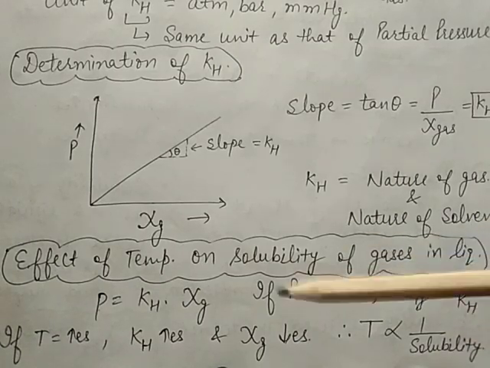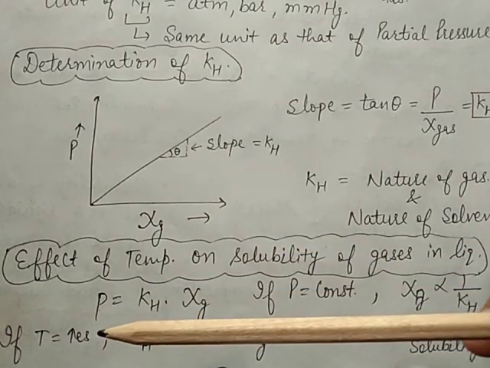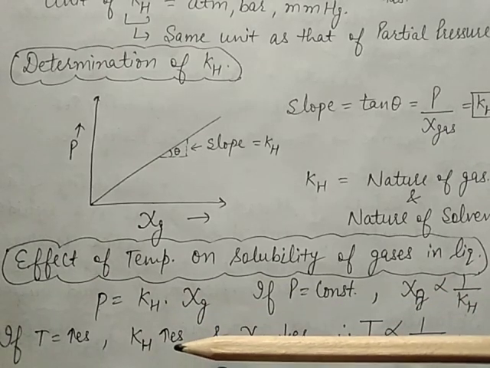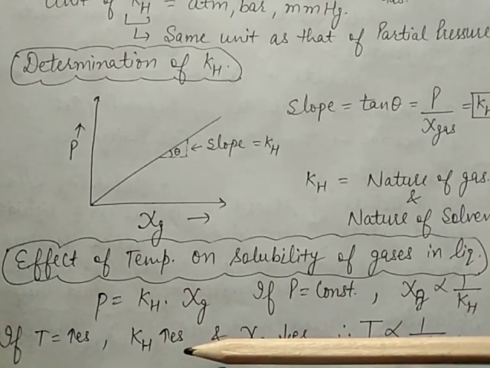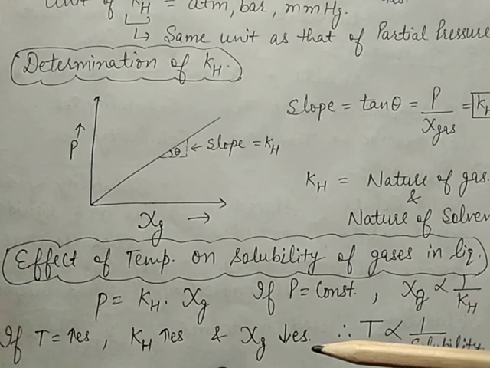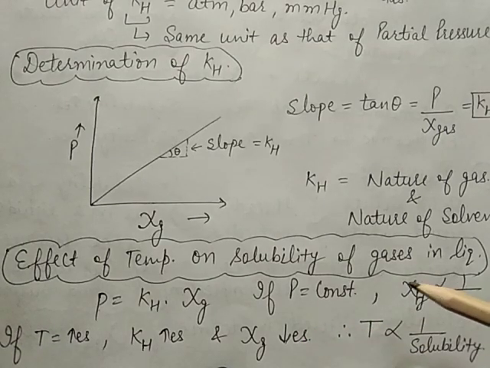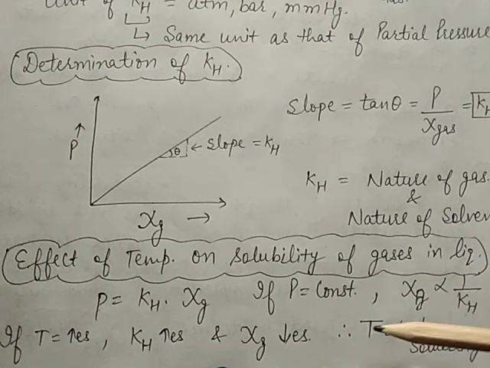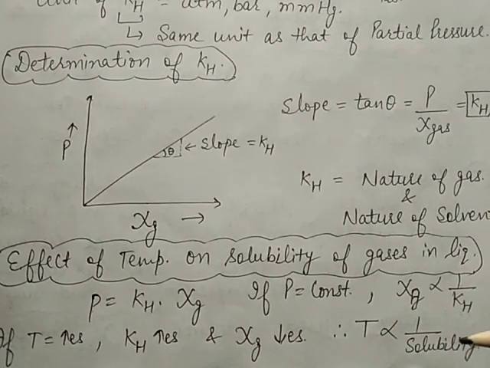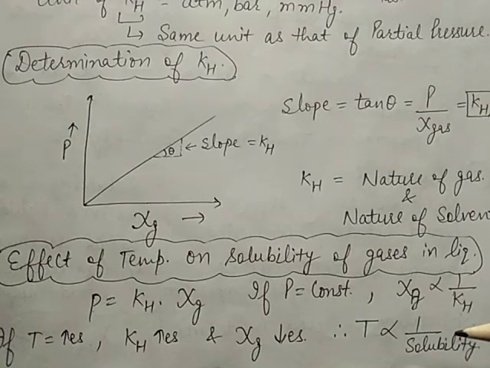It means if temperature increases, then Kh also increases, but mole fraction decreases because these are inversely proportional. So temperature is inversely proportional to solubility. It means if temperature increases, then solubility decreases because the gas is expelled out.